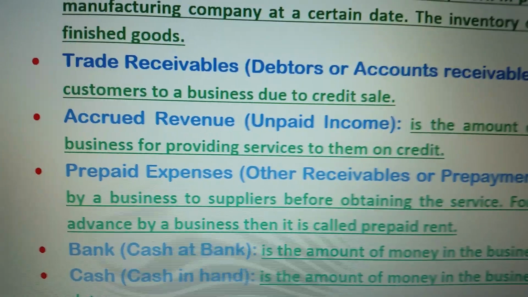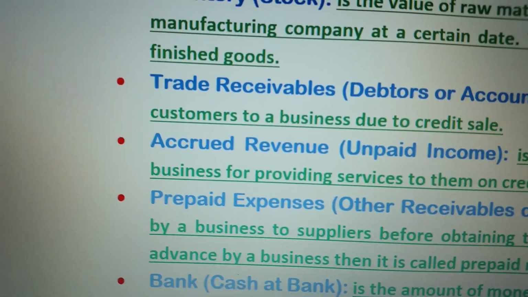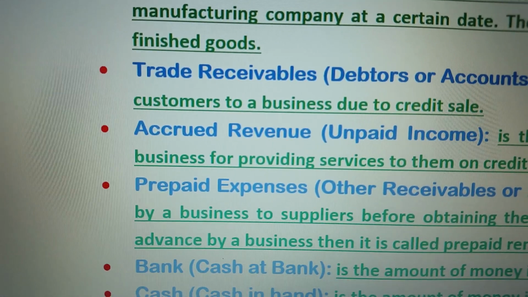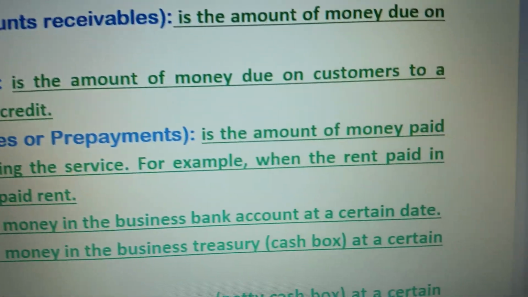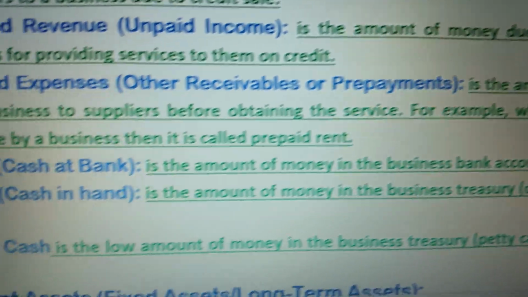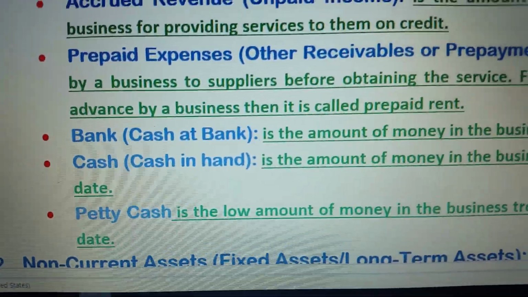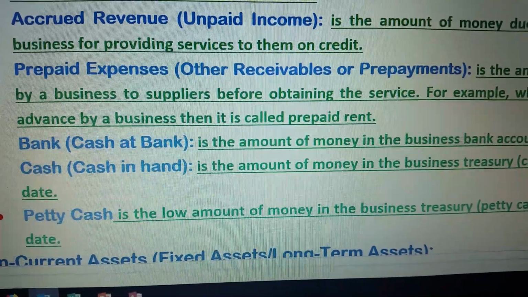Prepaid expenses or other receivable is the amount of money paid by your business to a supplier before obtaining the service.